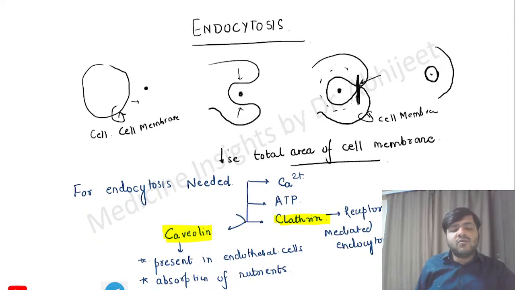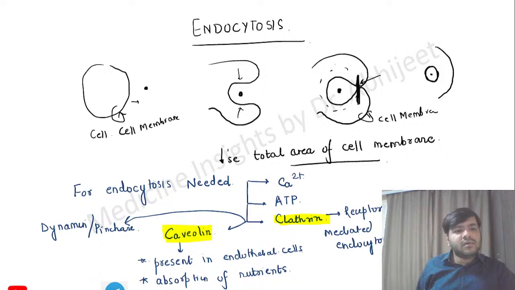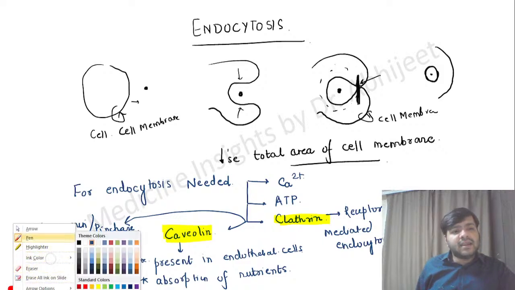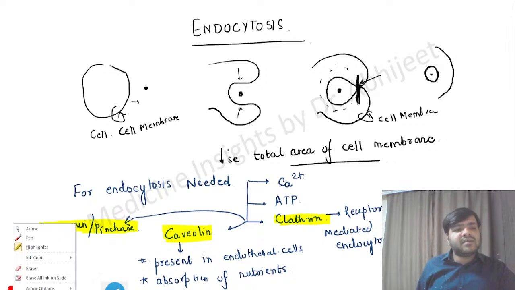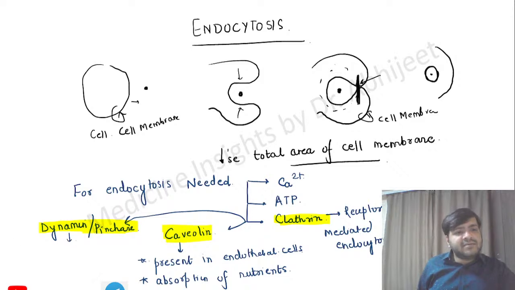Apart from that, there is one more special protein which helps in endocytosis. It is called dynamin, or it is also called pinchase. Now, this protein, dynamin or pinchase, it basically helps in attachment of, sorry, it's not attachment, it is detachment.